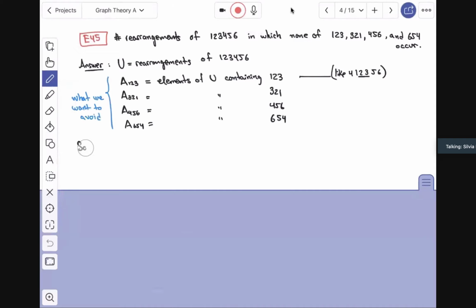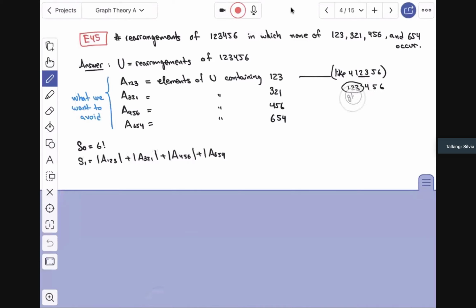So the S0 is the permutations of 1 through 6. So that's 6 factorial. S1 is the sum of this. And we know how to use them. I mean, if you need to fix the 1, 2, 3, for this one, you will have the symbols 1, 2, 3, 4, 5, and 6.